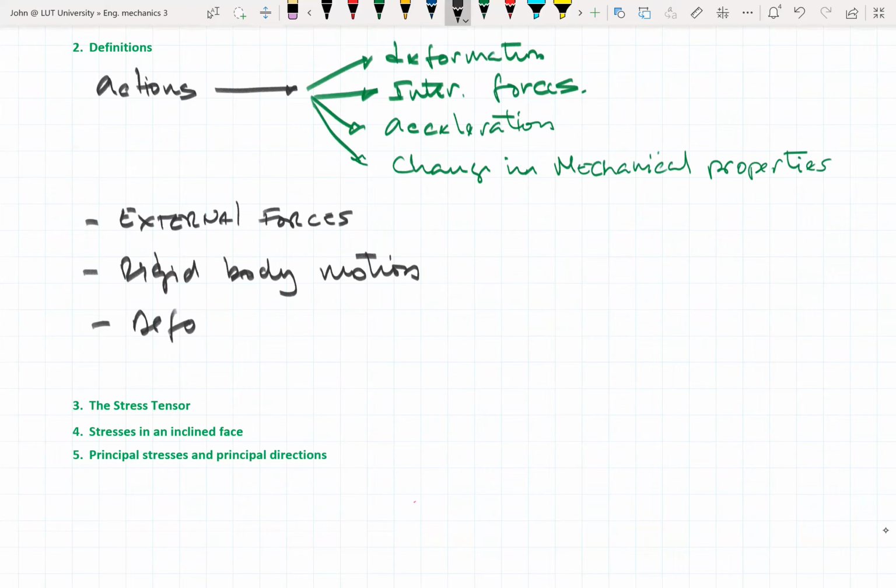It is said that the part always deforms to a certain extent, but sometimes the deformation is so small that we just neglect it.